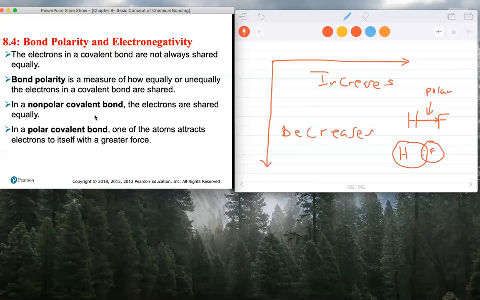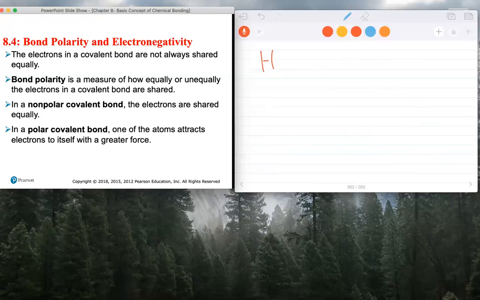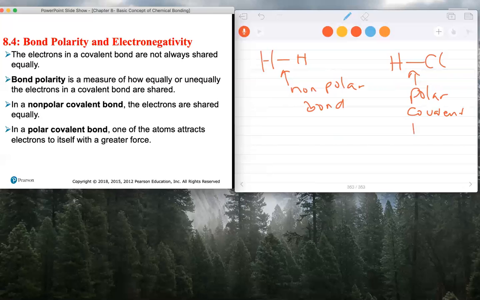In non-polar covalent bonds, electrons are shared equally. For example, hydrogen atoms share equally. They have the same electronegativity. We say this is a non-polar bond because there is equal sharing. Whereas HCl is a polar covalent bond because of unequal sharing.